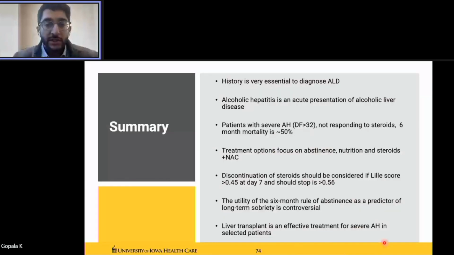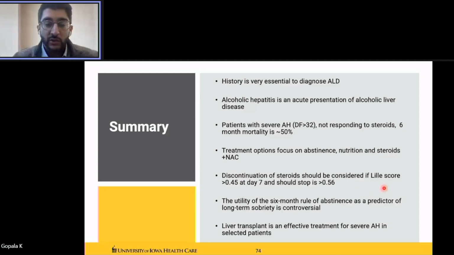So in summary, for alcohol liver disease, history is essential for diagnosis. Alcohol hepatitis is an acute presentation. When they have severe alcohol hepatitis with high Maddrey score and MELD score, there is a high chance of mortality. Abstinence, nutrition, and steroids plus NAC can be beneficial.